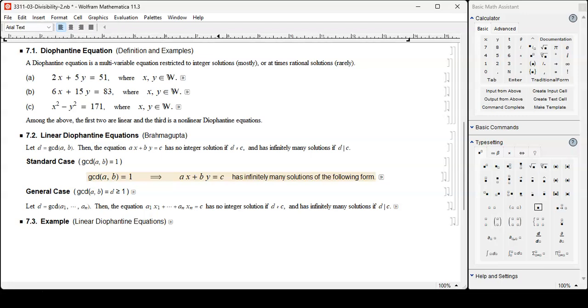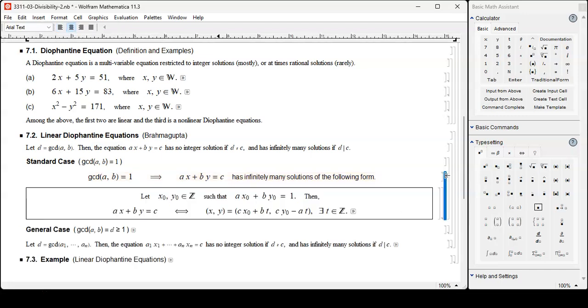And then we have infinitely many solutions. Not only that, the solution is of this form. x is cx0 plus bt, and b is the same b right here, and y is cy0 minus at, where a is the same a as this, when a and b are relatively prime.